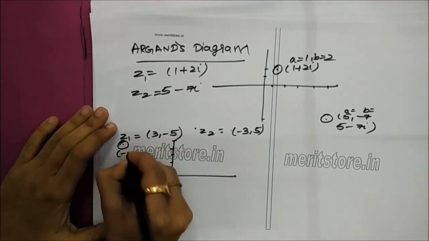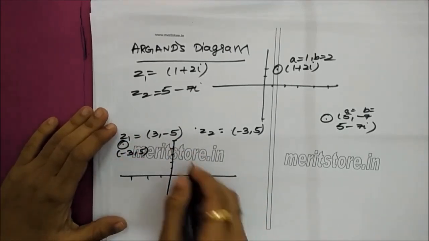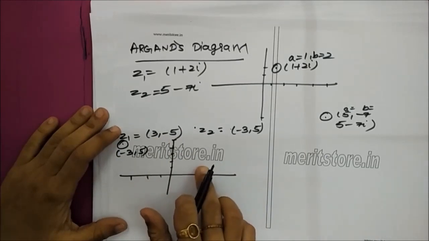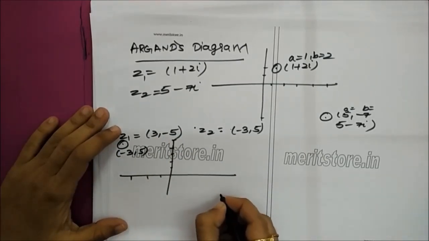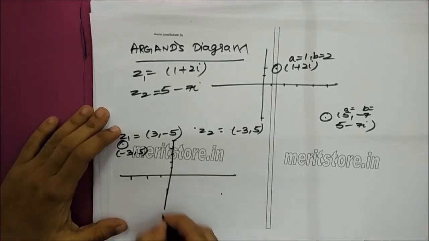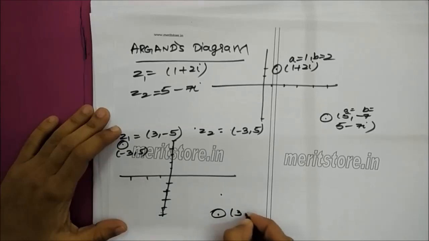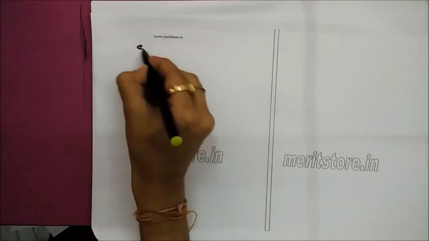Here you get your minus 3 comma 5, second quadrant, and 3 minus 5, 3 and minus 5, you will get in this quadrant somewhere here. 1, 2, 3, 4, 5, 6.